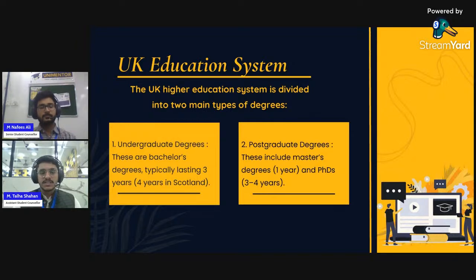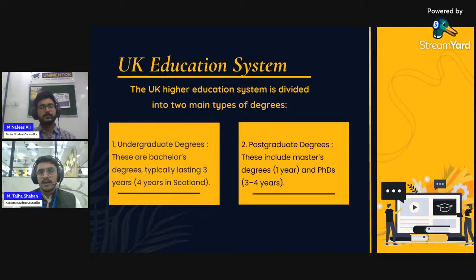The higher education system in the UK is divided into two main categories. The first category is the undergraduate degree, and the second one is the postgraduate degree. The undergraduate degree consists of bachelor's degrees, which typically last between 3 to 4 years.